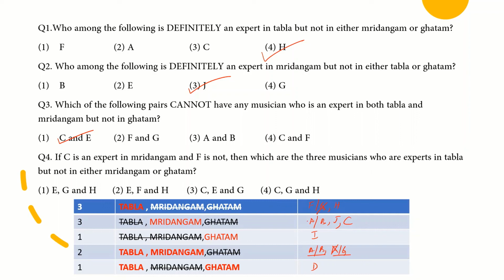Now if I look, I have 1, 2, 3, 4, 5, 6, 7, 8, 9 musicians. I'm only left with E, and the only space that I'm left with is here. So E. So technically, the persons who are experts in tabla are E, F, and H. So if we are able to represent the data correctly here, we'll be able to solve the question.